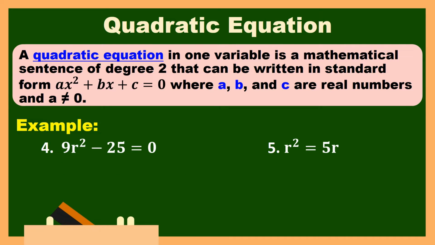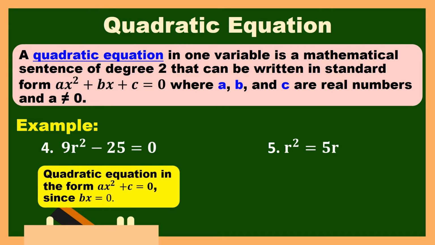So baka kayo ay nagtataka kung bakit quadratic equation pa rin ang number 4 and number 5 na examples kahit siya ay hindi naka-standard form. Okay, sa number 4 na example, we have 9r squared minus 25 equals 0. So siya po ay quadratic equation pa rin, but in the form ax squared plus c equals 0. Since ang bx dito o yung tinatawag nating linear term ay equal to 0.